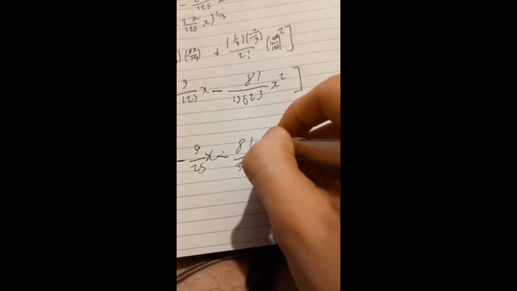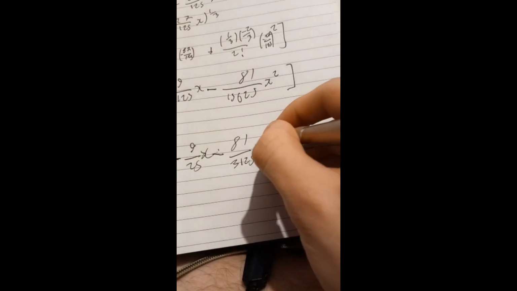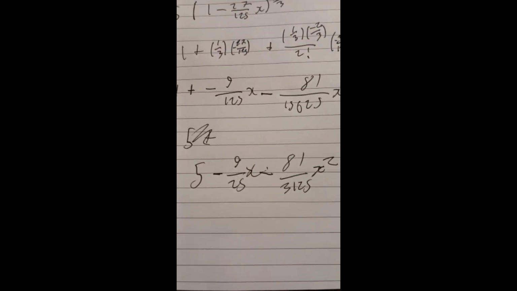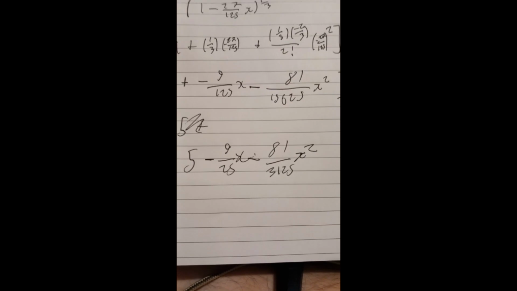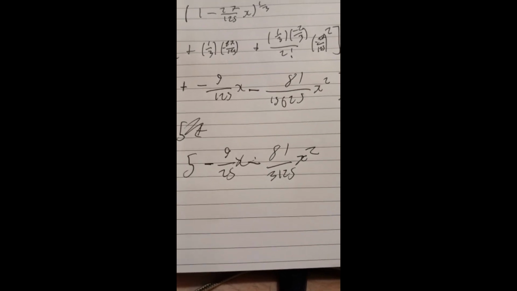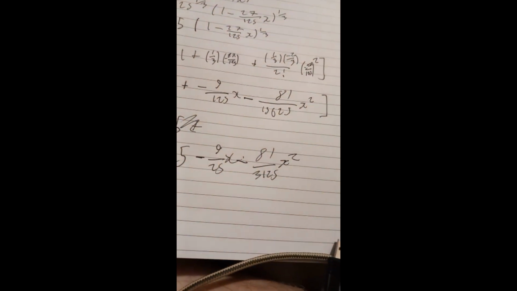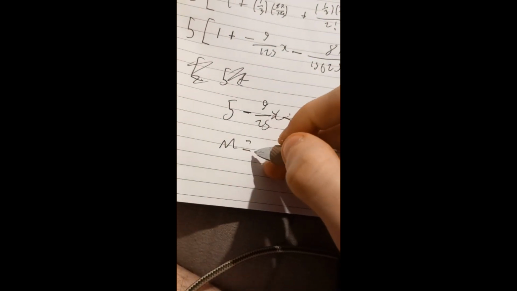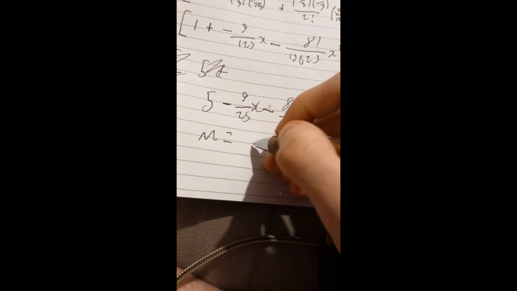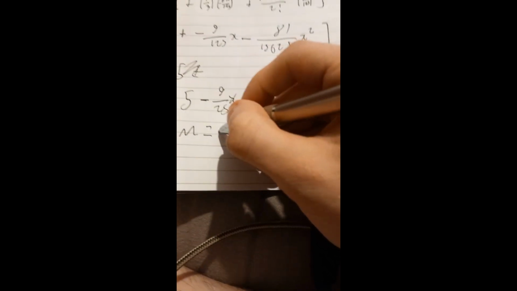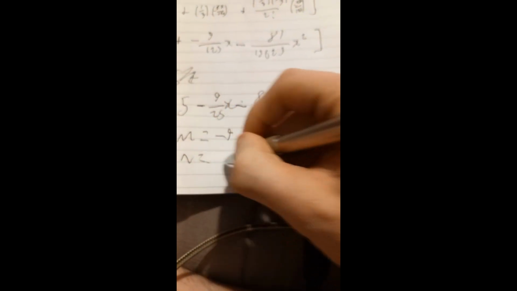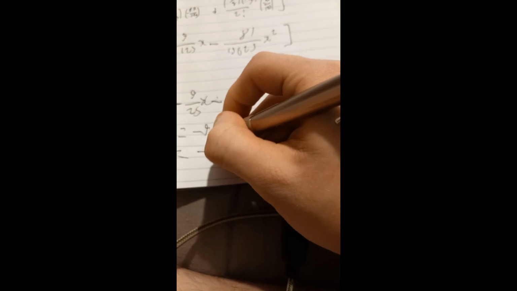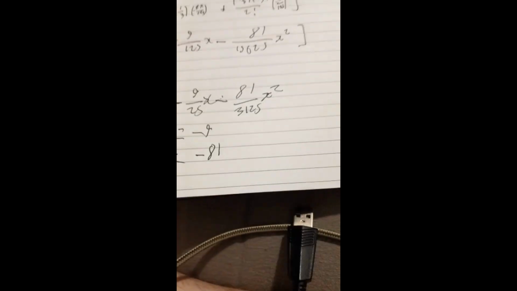Oh, that's got an x. That's got an x squared. I'm so sorry about my handwriting. So if you'll notice, those numbers are the same as in the question. So m is gonna be... I completely forgot what I was doing, to be honest. Minus 9. n is minus 81. And that's that question done.